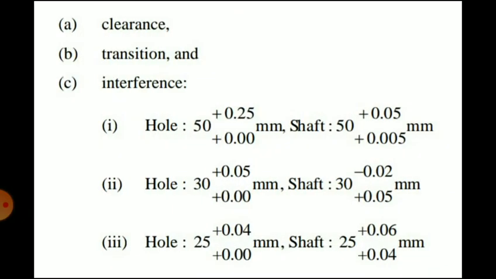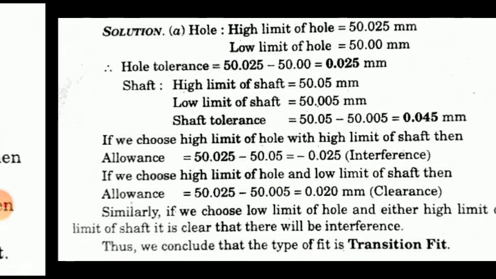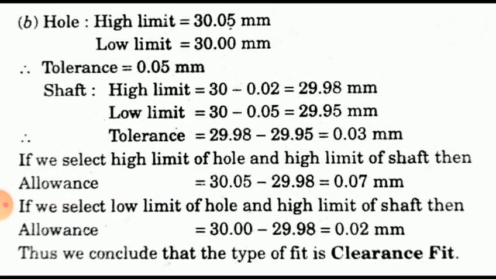So in this second example, the tolerances for the shaft are given as 30 minus 0.02 and below that it is plus 0.05. Instead of plus 0.05, take it as minus 0.05. So it is a printing mistake. So we will get 30 minus 0.05, that is 29.95. So the tolerance will be equal to 0.03 mm.